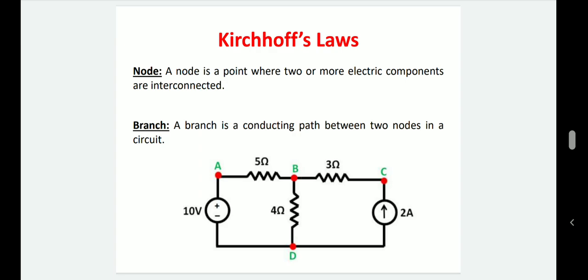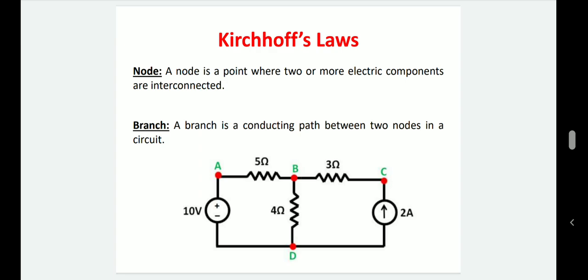Then in between B and D, there is a branch of 4 ohm resistance. Then between C and D, the branch consists of a 2 ampere current source, like that.